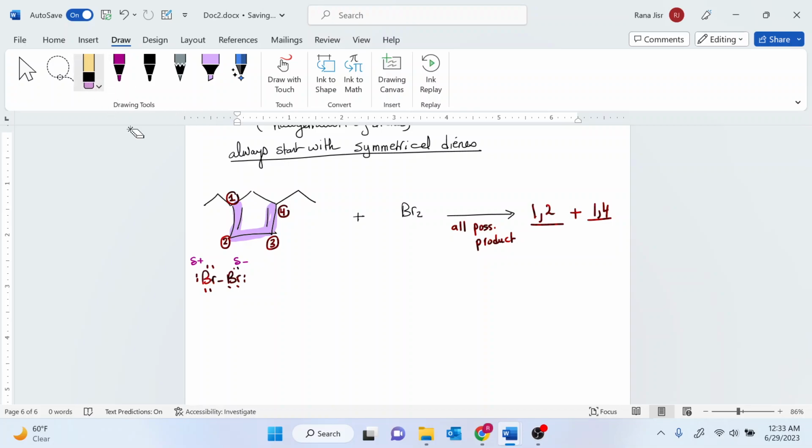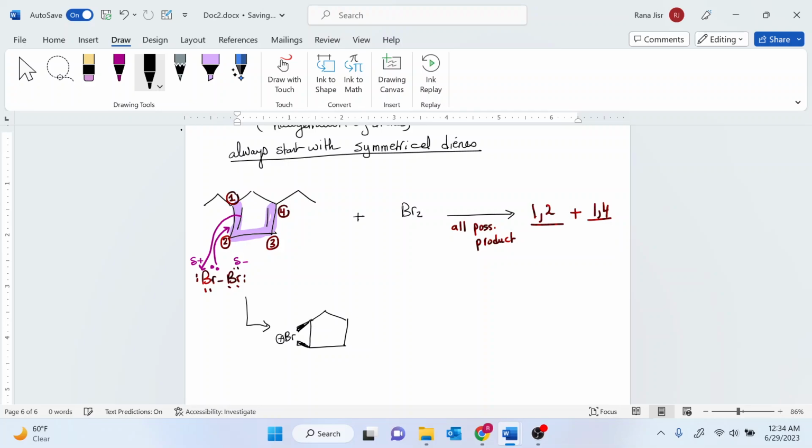So we said over here that the double bond is going to open up. And when the double bond opens up, this is going to be your nucleophile. It's going to come and pick up the bromine, which is the electrophile. And then the lone pairs on the bromine are going to close down the cycle. Here you have two options. Because the double bond is planar, the bromine can attack either from the top to make the cyclic bromonium ion.